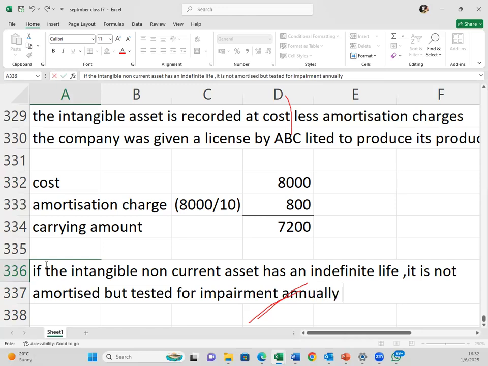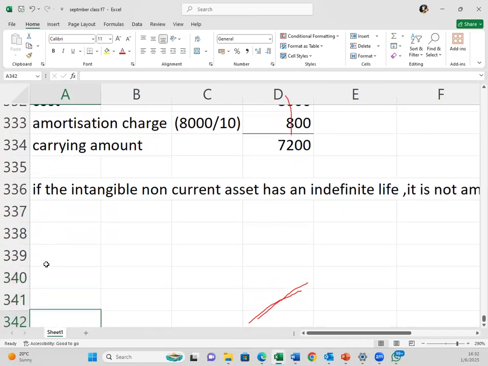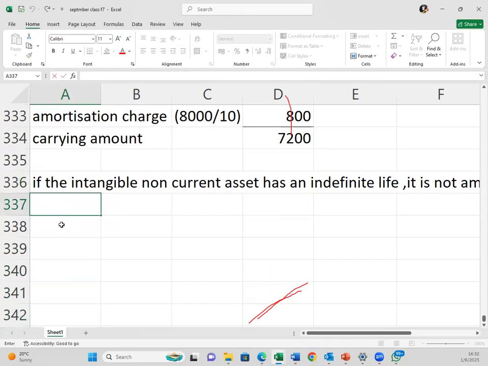Remember we did IAS 36 impairment loss. We review for impairment annually. We check, is the carrying amount equal to the fair value?